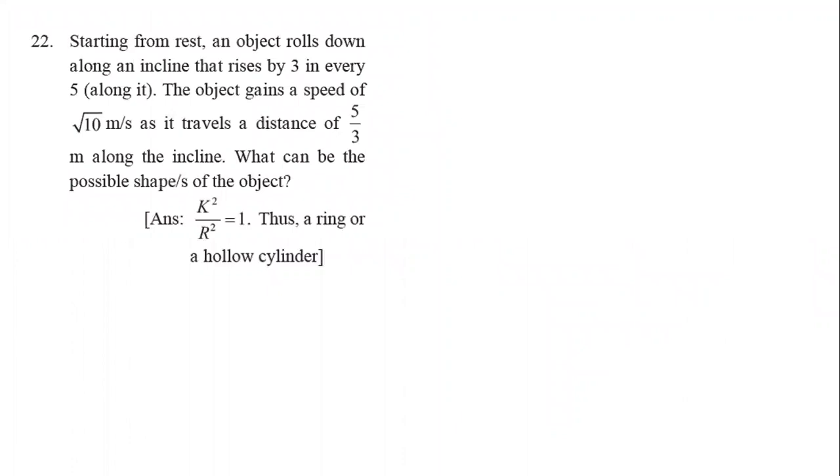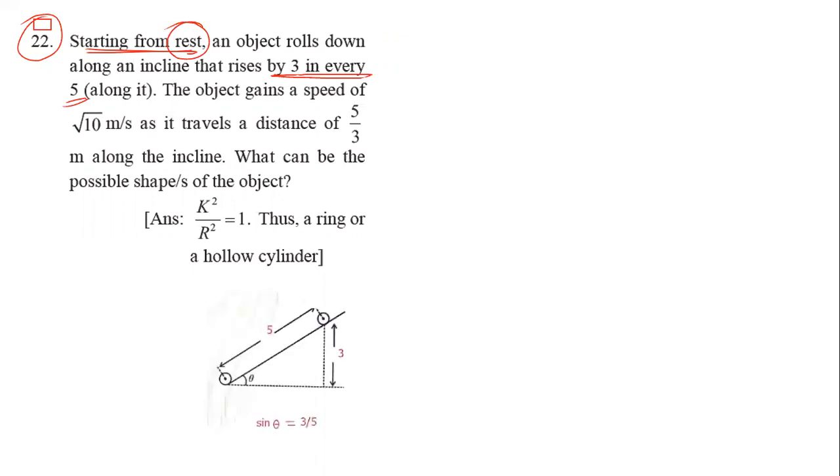Now next problem. Problem number 22 from the exercise. Now let's see what is inside it. Starting from rest, so initially the object is at rest. The object rolls down along the incline that rises by 3 in every 5. So let me show you in the diagram.